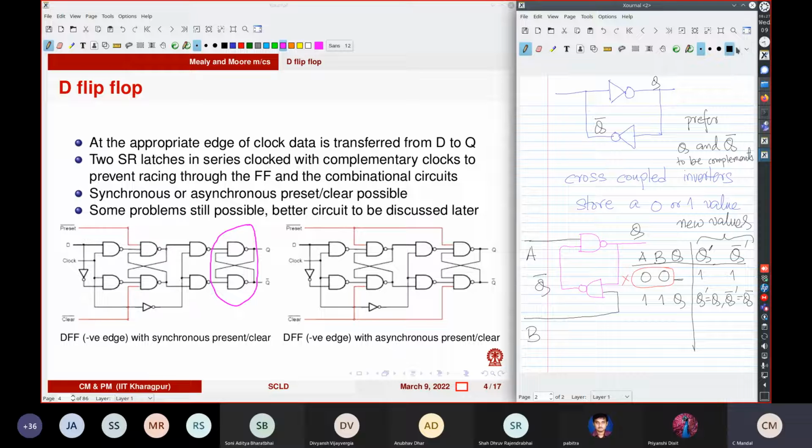So this is good. All right. This is good. So that means if you keep A and B to 1, then it retains its old value, right? It retains its old value.